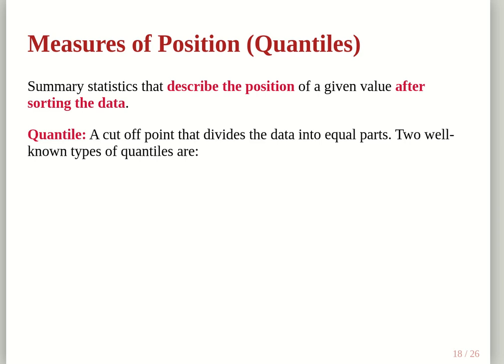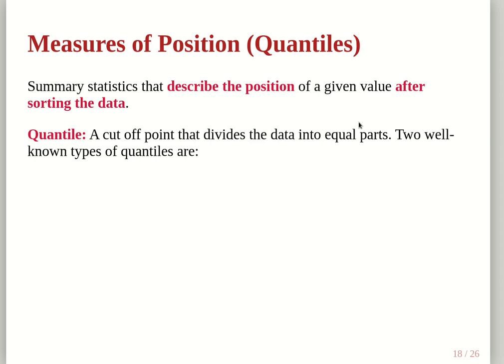So we're going to arrange again our values observed from the smallest to the largest. And we're going to be using quantiles to divide that range of ordered values into equal parts. And how many equal parts we define is going to define the specific type of quantile we're talking about.